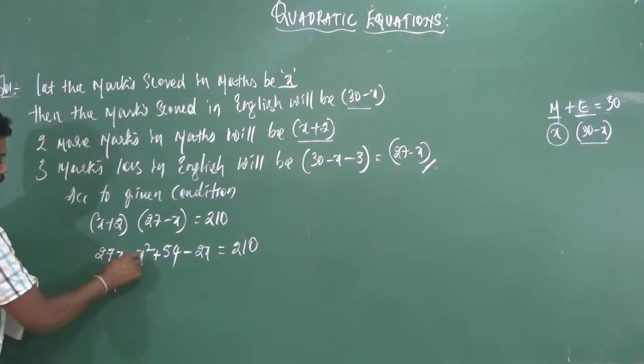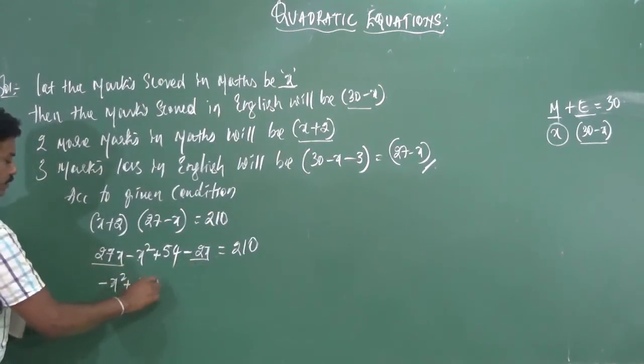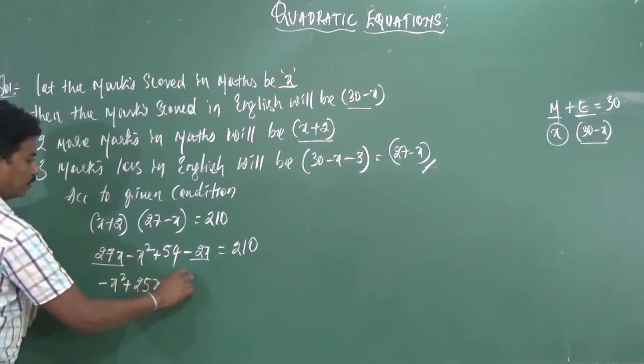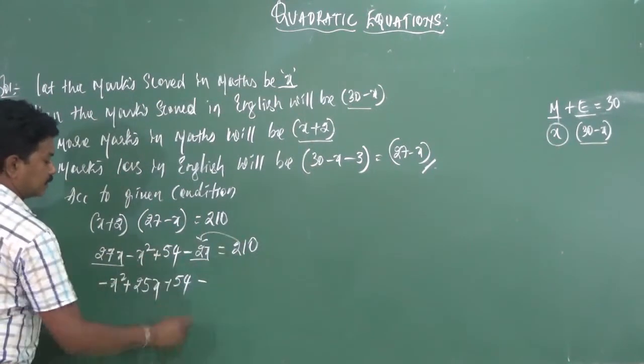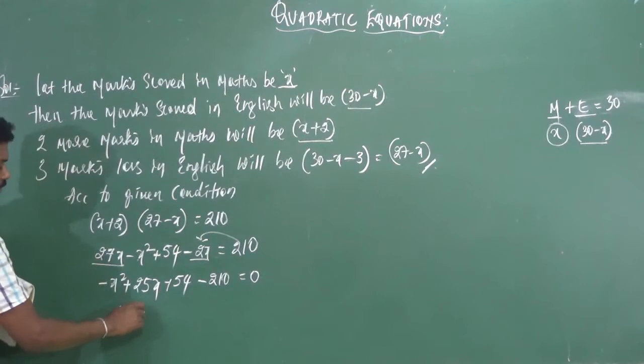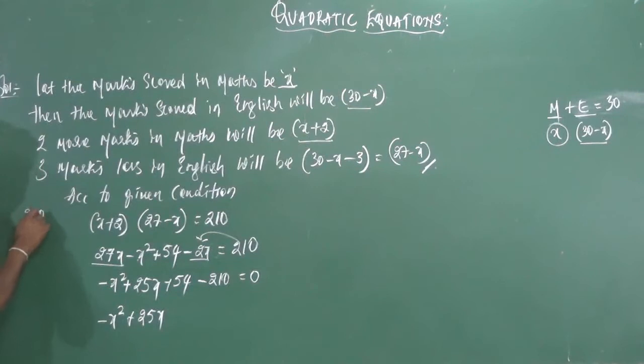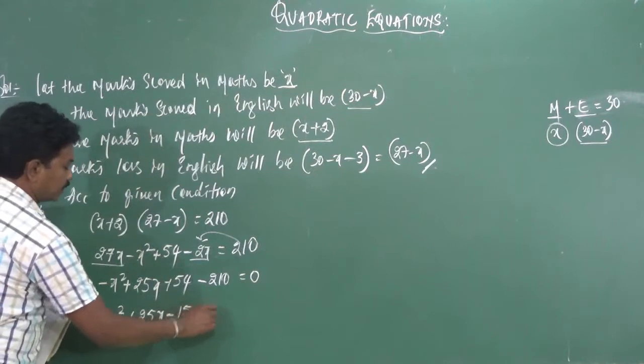Minus x square, plus 27x minus 2x is plus 25x, plus 54. Bringing 210 to the LHS, it becomes minus 210 is equal to 0. So minus x square plus 25x, and 54 minus 210 is minus 156, is equal to 0.